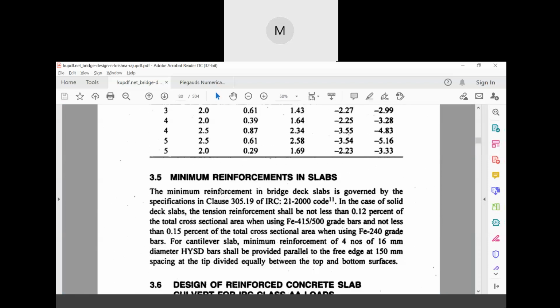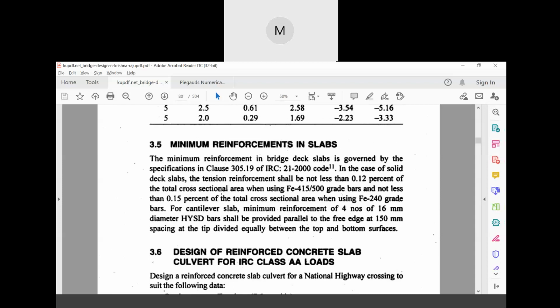Now the minimum reinforcement in slabs is that the tension reinforcement, that means the reinforcement on the tension side, shall not be less than what? 0.12% of the total cross sectional area while using Fe415 or Fe500 grade bars, and not less than 0.15% of the total cross sectional area when using Fe240 grade bars.